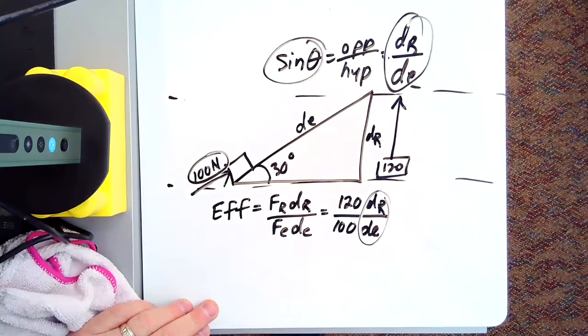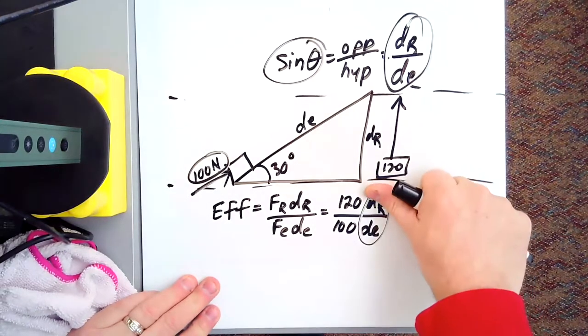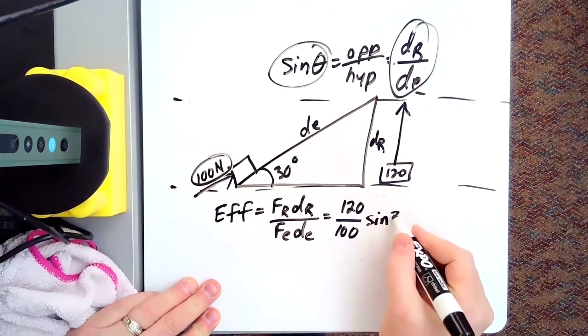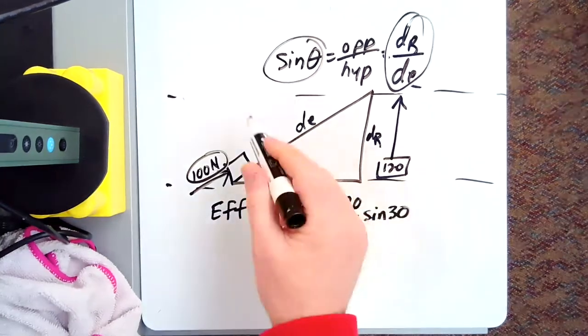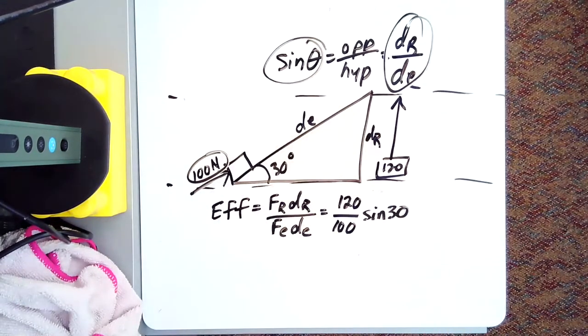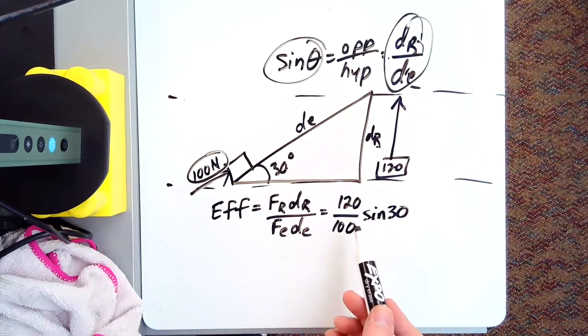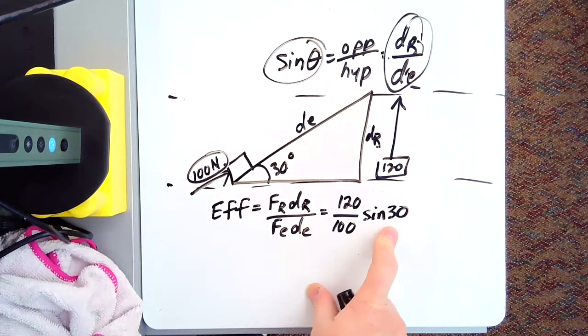Right? Good job, Luke. So in dr over dE, I could just put in sine of 30. I wasn't given either side, but I was given the angle. 120 divided by 100 is 1.2, right? Everybody knows what the sine of 30 is, right? 1/2.